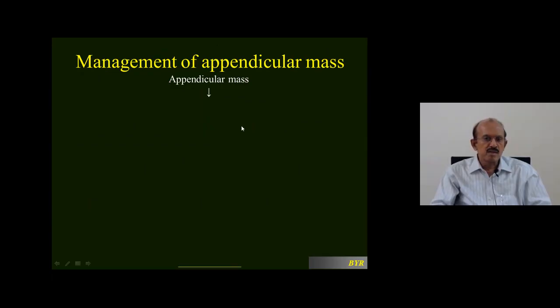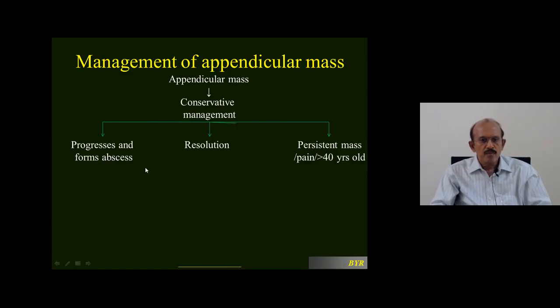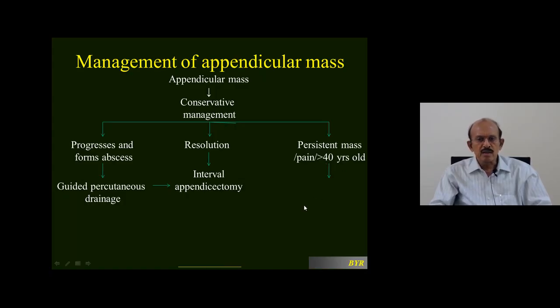Management of appendicular mass, considered management. If during considered management it progresses and forms an abscess, it may resolve after 3 weeks. Go for interval appendectomy. If it forms an abscess, you do guided percutaneous drainage, and later interval appendectomy. If there is a persistent mass or pain, or the patient is more than 40 years old, you must always suspect other lesions.